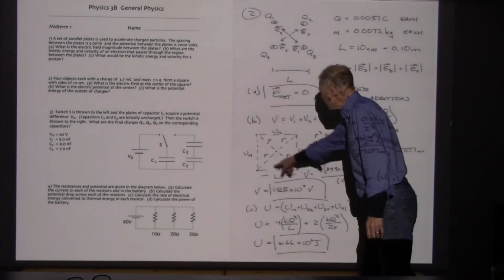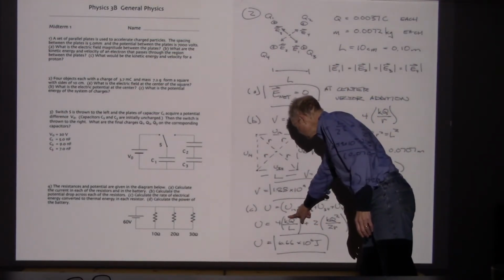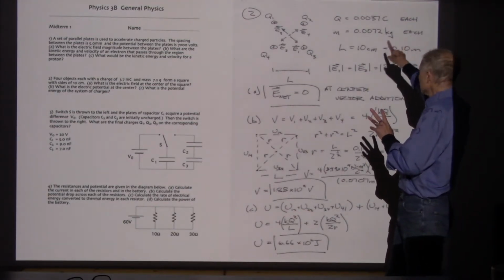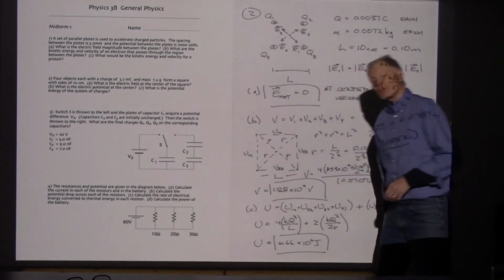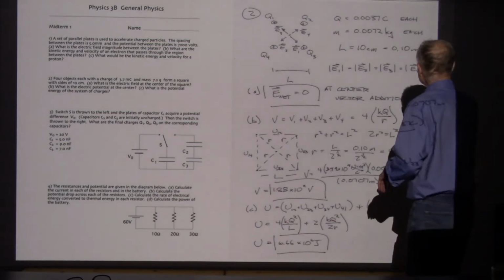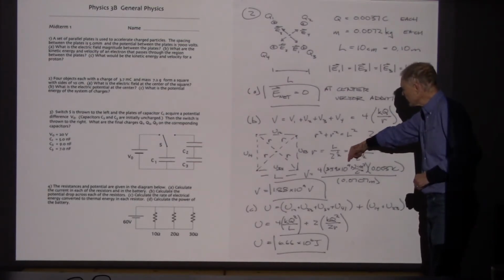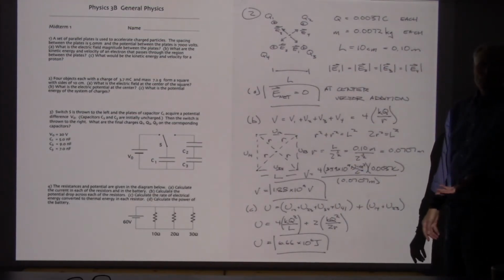The ones around the edges, there's 4 of those, and in those cases, the potential energy would be kq squared, because there's 2 charges and all the charges are the same, so kind of like q1 q2 divided by distance. And the distance for those would be 0.10 meters. Remember, we want to get everything converted into standard units, so that when we put in little k, the units will cancel properly.